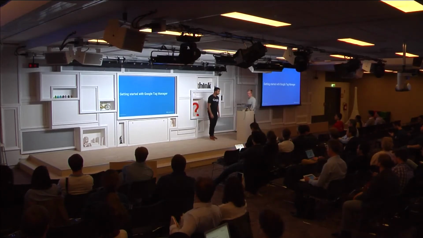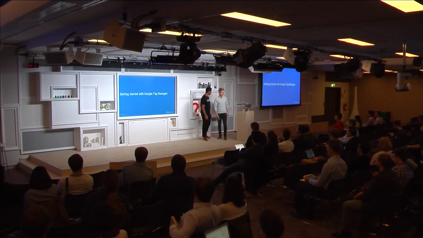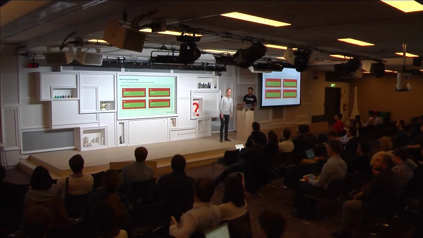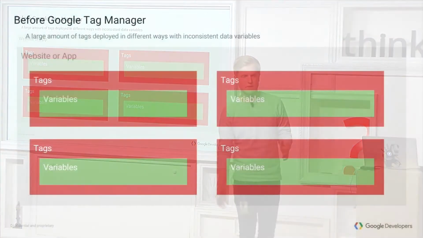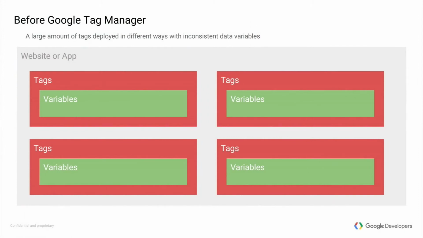All right. So yeah, when you get started with Google Tag Manager, it's quite different from regular websites, because before Google Tag Manager, you'd deploy a large amount of tags in different ways, which made for a lot of inconsistency. So that's why with Google Tag Manager, you start in a different way. We start by designing a data layer.